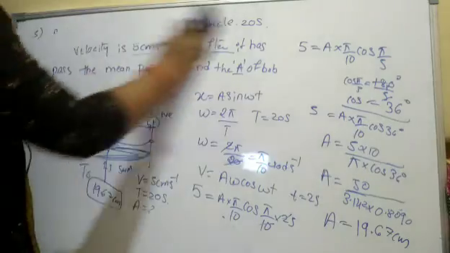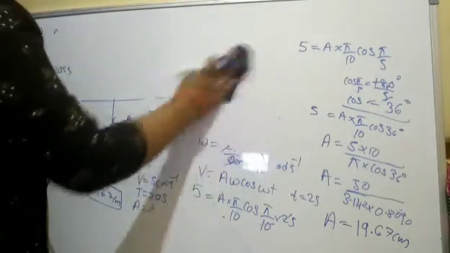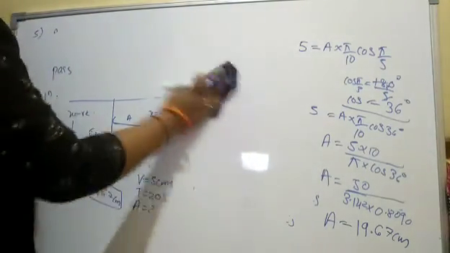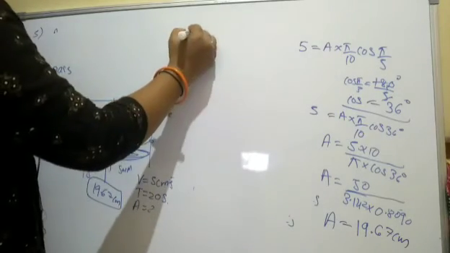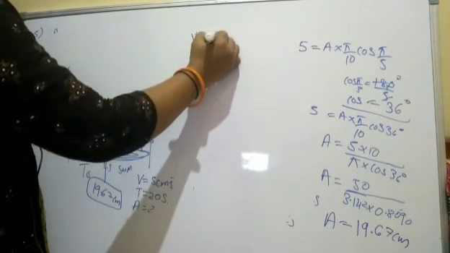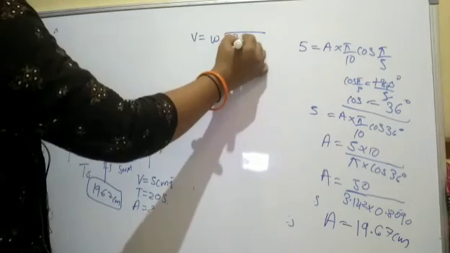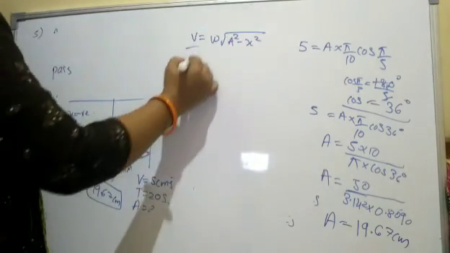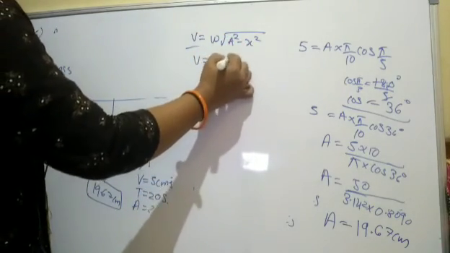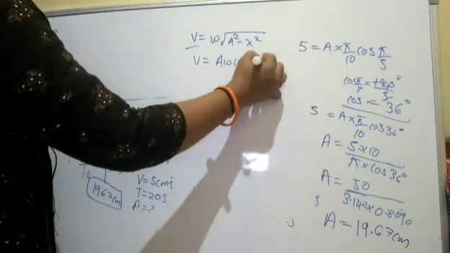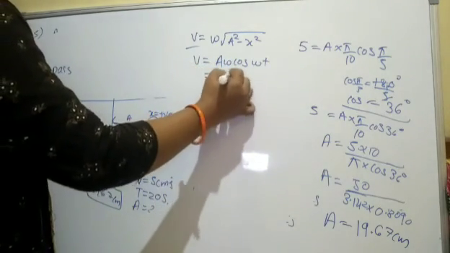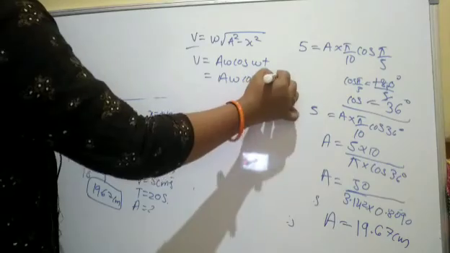For the velocity, we have three different forms. As we know, v is equal to omega root of a square minus x square. That is one form. Velocity equals a omega cos omega t, that means a omega cos of omega t plus phi.